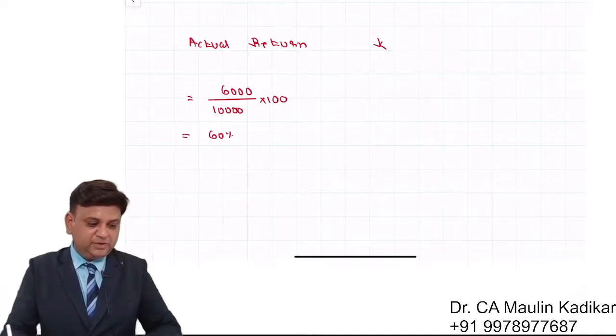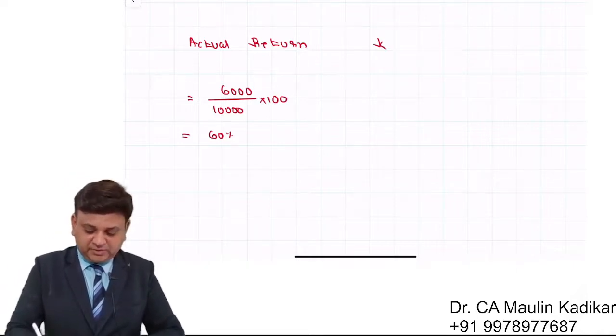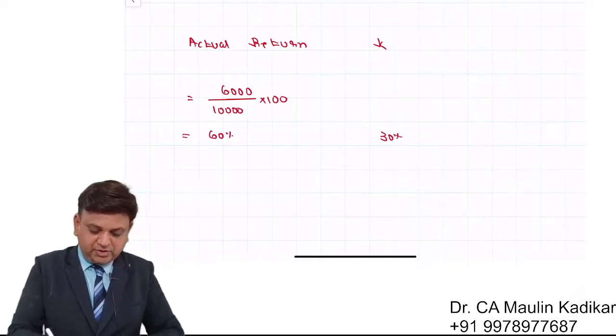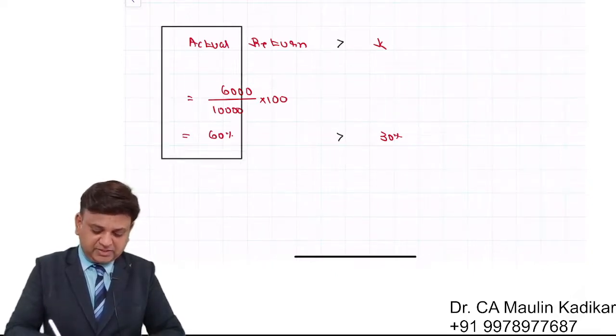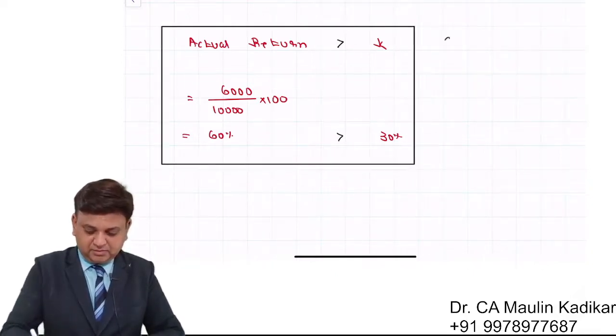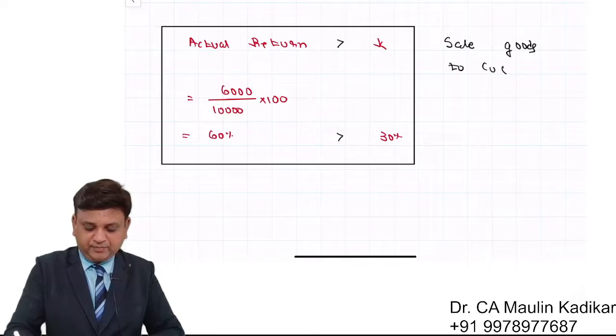And the required rate of return is given to us in the question as 30%. So actual return is exceeding the required rate of return. So we can take a decision like this: sell goods to customer. This is also a valid answer.